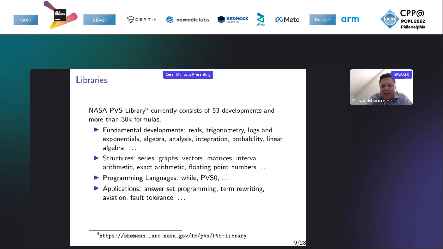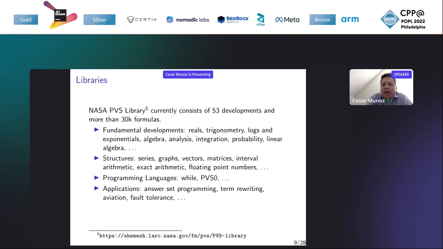But it is very easy to introduce inconsistencies even in well-known theories, and we decided to spend a lot more time on developing libraries and foundational libraries.